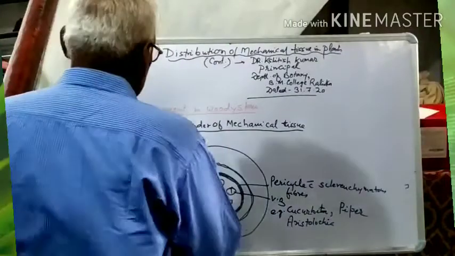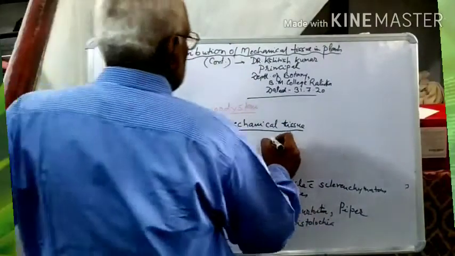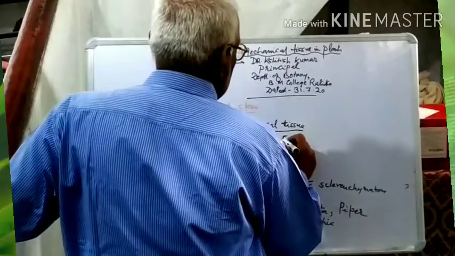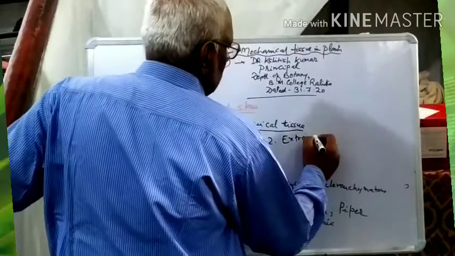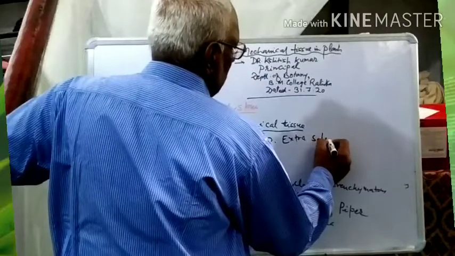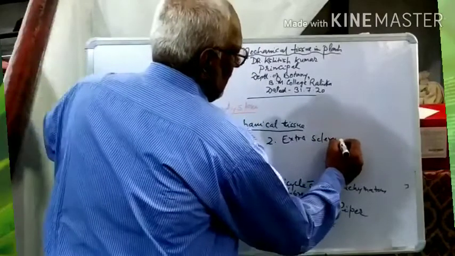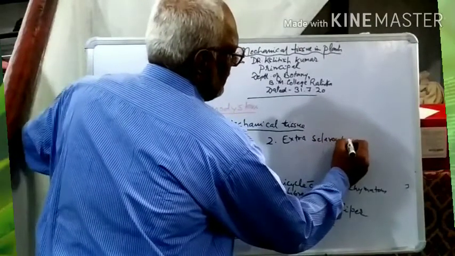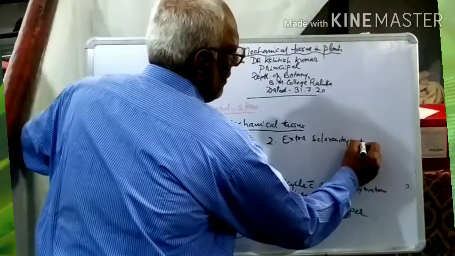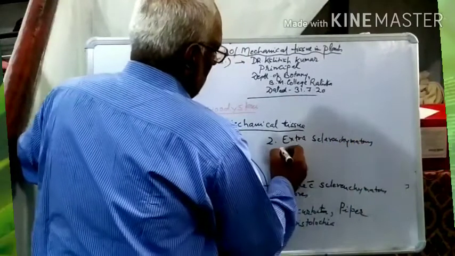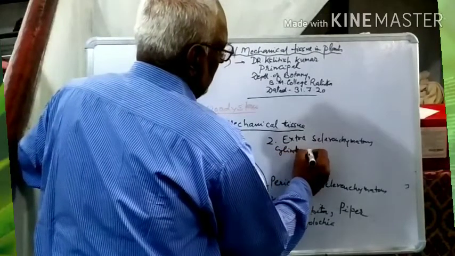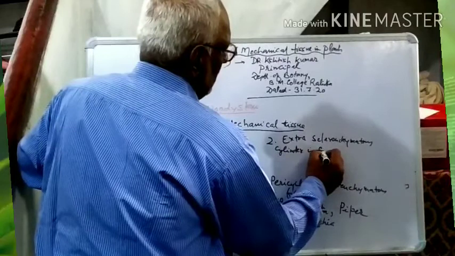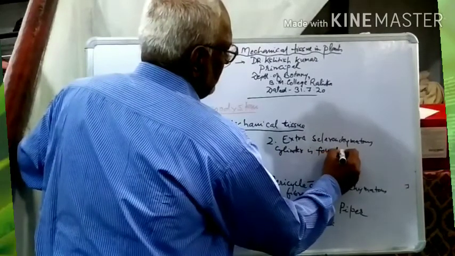This is the second type, in which an extra sclerenchymatous cylinder is found in the cortex.